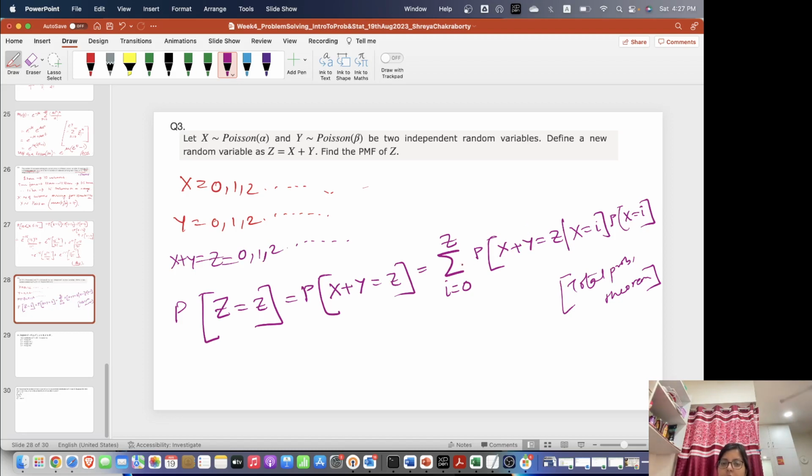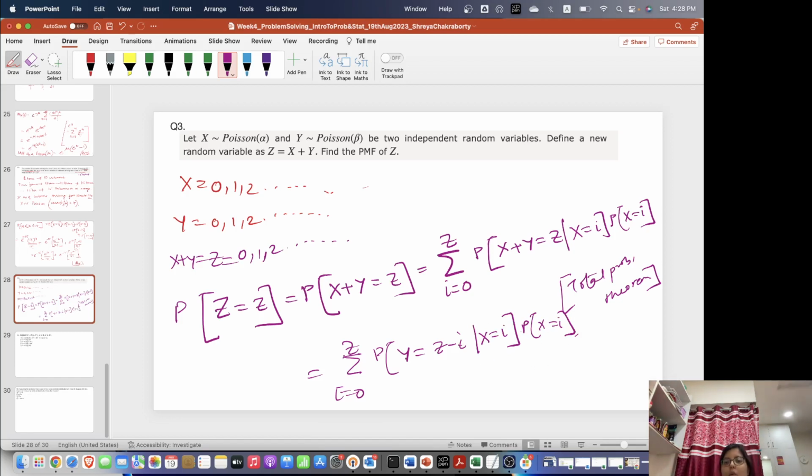So for each value of x, this entire thing we can write as a conditional probability into the probability of x equal to i, summed over i equal to 0 to z. Now we can write it as the summation over i equal to 0 to z of the probability that y equals z minus i, given x equal to i, into the probability that x equals i.